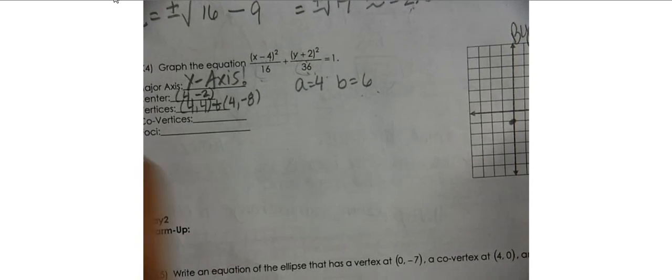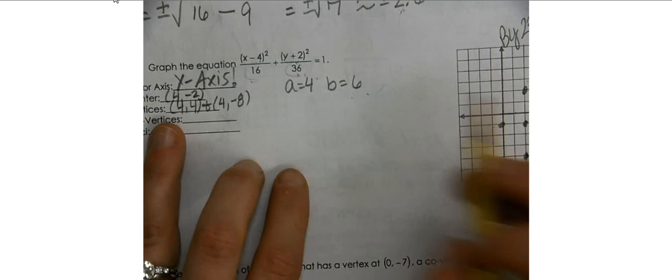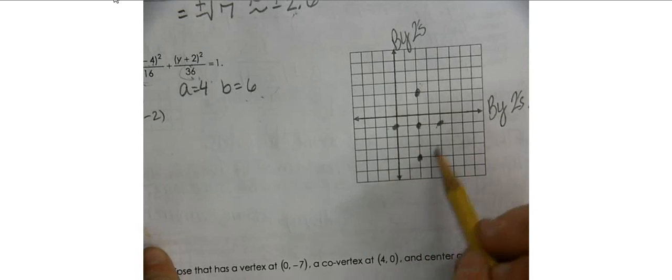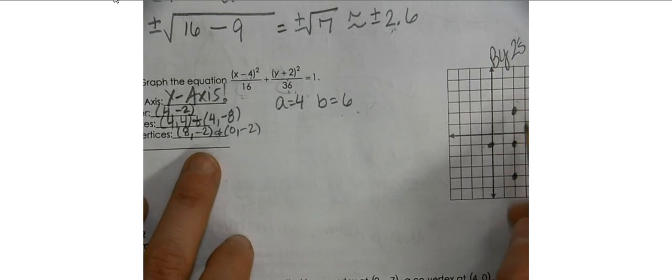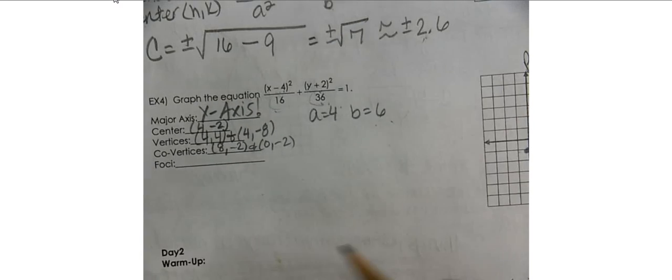For my co-vertices, that deals with my x values, so I'm going to take 4 and add 4, so that's 8, negative 2. And I'm going to take 4 and subtract 4, and that's going to be 0, negative 2. You're more than welcome to count and check, but those are your vertices, not the actual points at which we count.